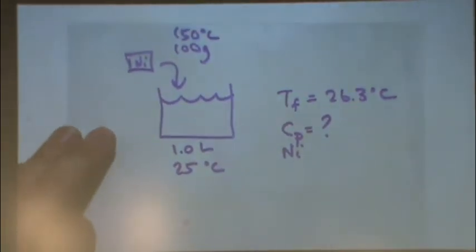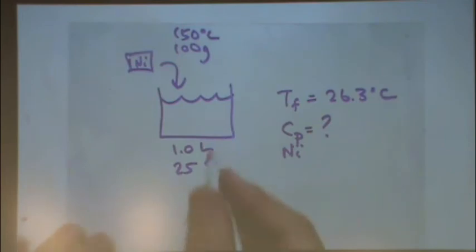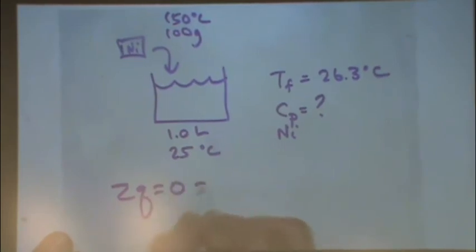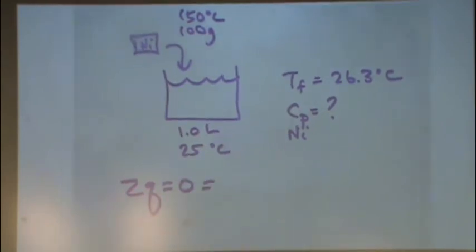Okay, so this is a heat problem. I know that because two things are mixing and there's a final temperature. So you go sum of the Q's equals 0. You're going to have a Q for every temperature change and every phase change and every reaction. When there's no reaction, there's no phase change, so just Q's for temperature changes.